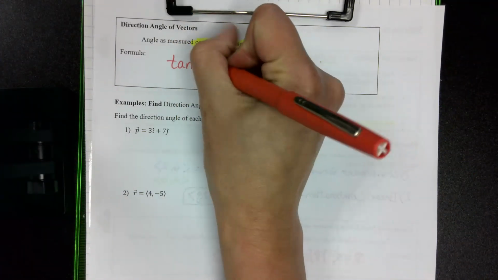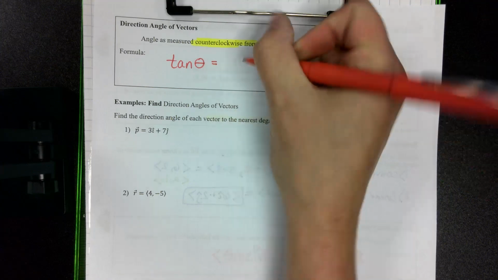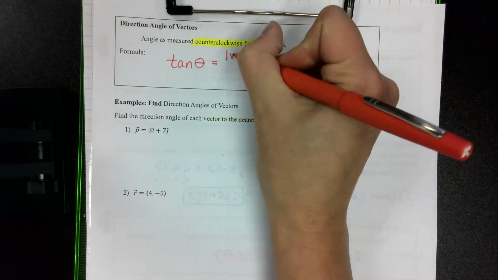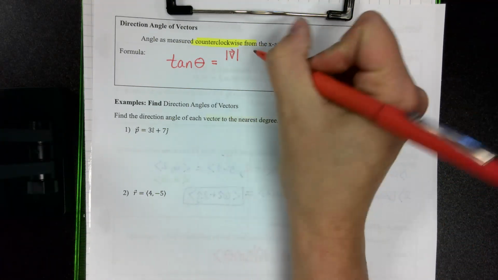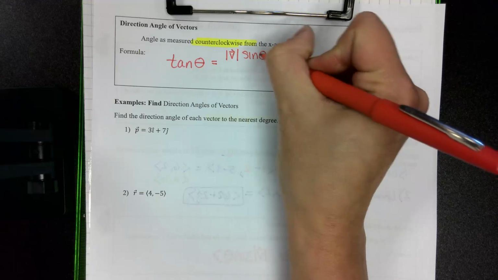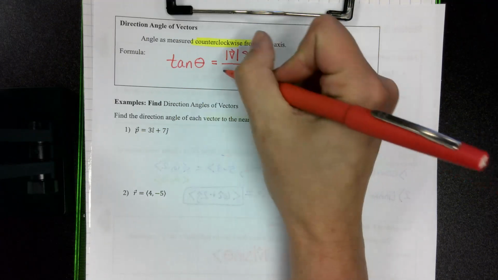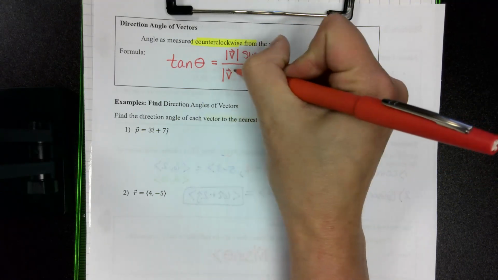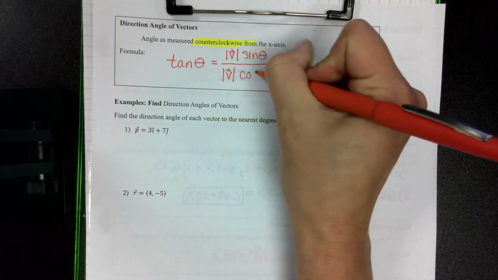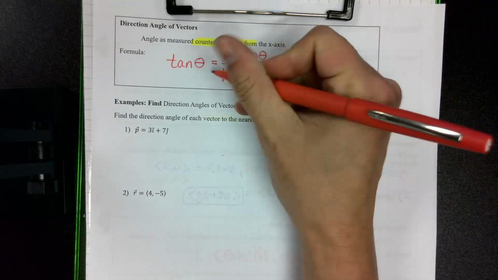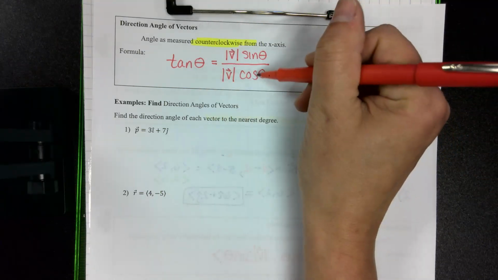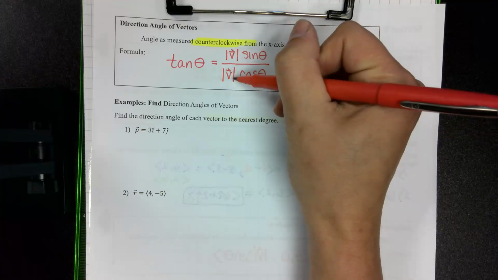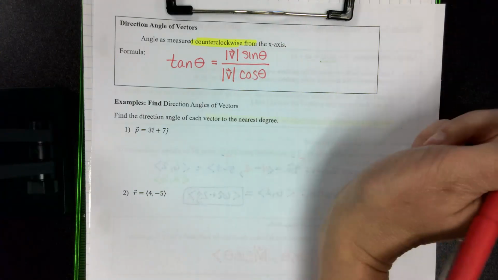tangent theta equals the magnitude of vector v sine theta over the magnitude of vector v cosine theta. Oh, look at that. Tangent equals sine over cosine, because magnitude over itself would be 1, right?